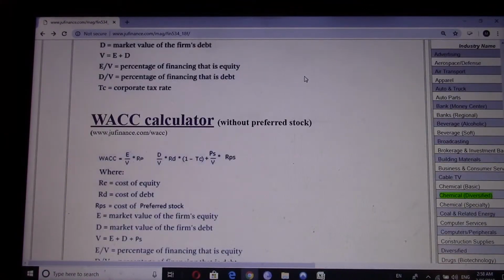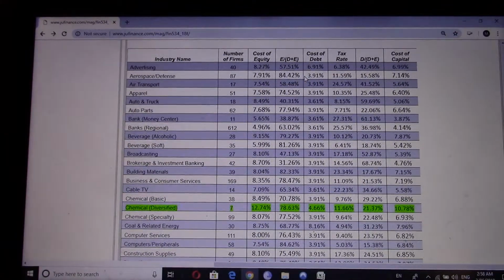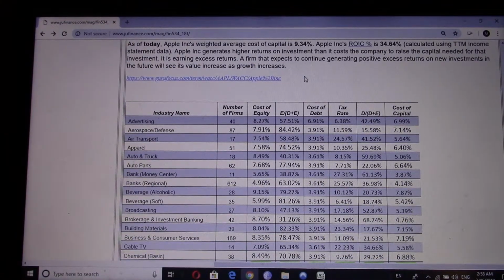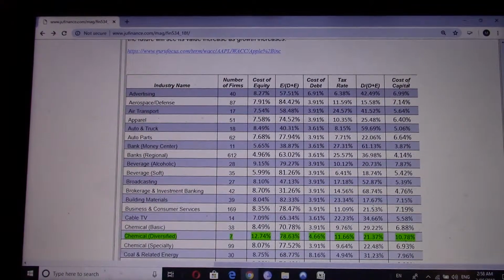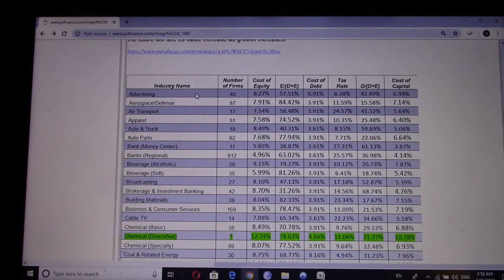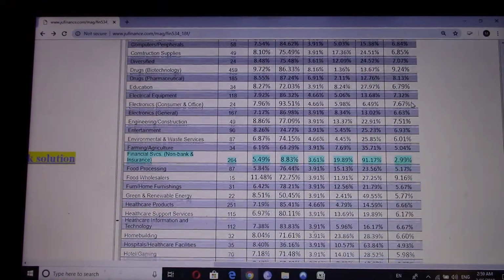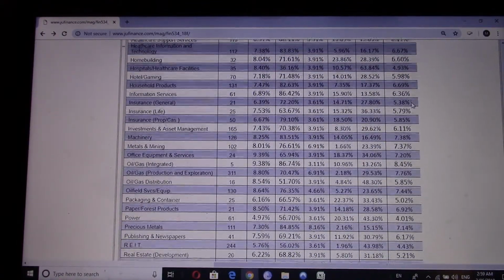Okay, so on average, a firm's WACC could be different among firms, and the cost of capital in different industries is different. In the advertising industry, the cost of capital on average is close to 7%. Aerospace defense is 7.14. The highest one is a railroad, I think.